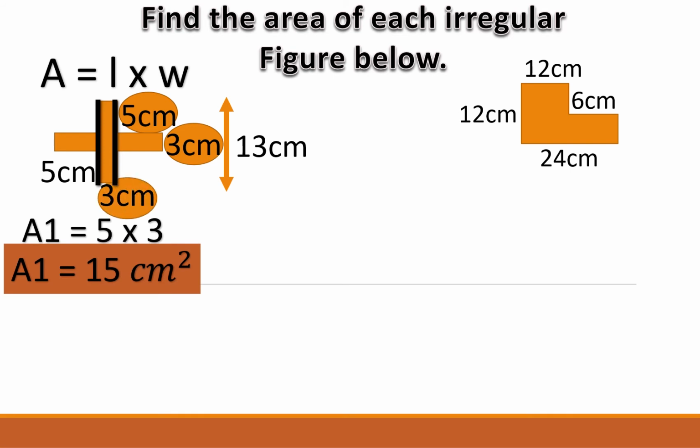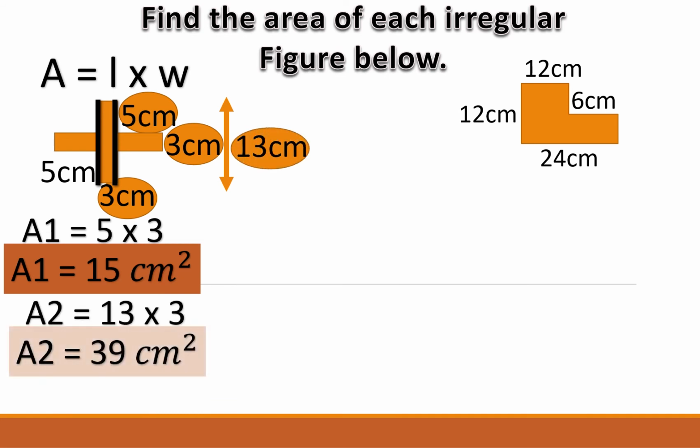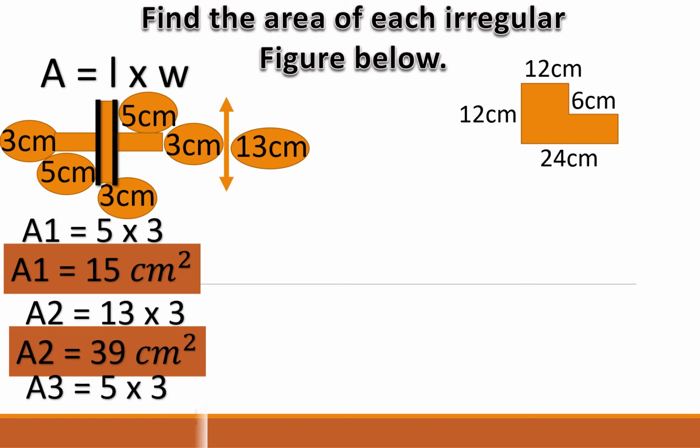While in area 2, the middle one is 3 times 13. And 3 times 13 is 39 square centimeter. Then the last area is 5 and 3 also. So we have another 3 centimeter from the right side that is equal to the left side. So 5 times 3 is 15 square centimeter also.